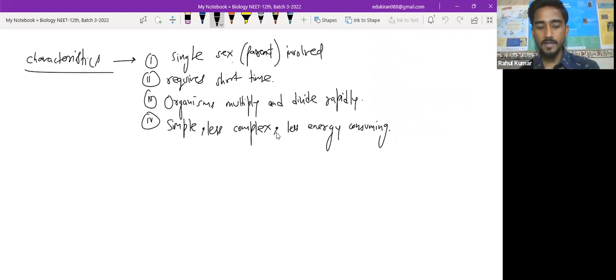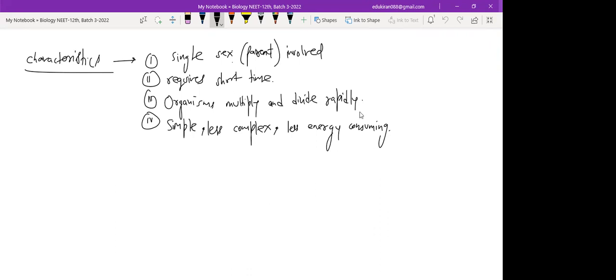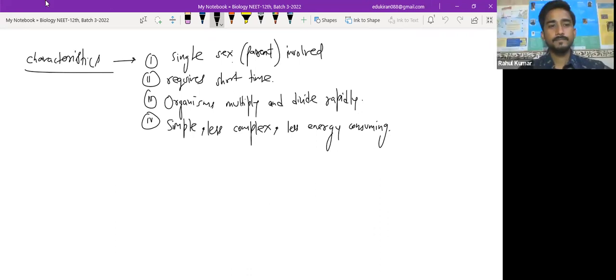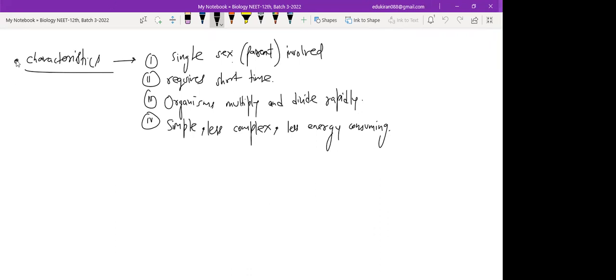You all have studied glycolysis in class 11th, how we produce energy in our cell, correct? And you know that lower organisms have lesser energy production in their cells. Say yes or no. Is it making sense?